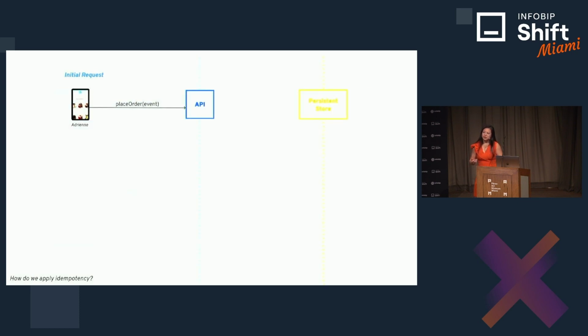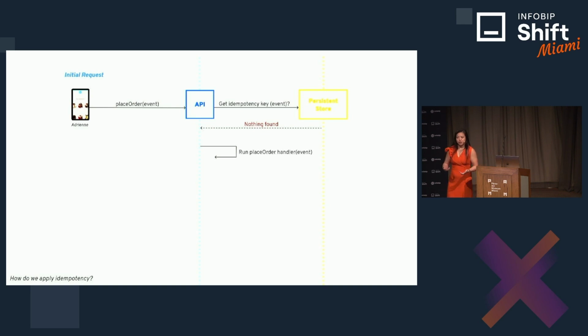The next thing that we're going to see as a change is a little bit of change in the idempotency layer, which in this case would be the API. So what happens now is it's going to send that request with the key. It's going to say, hey, have you seen this particular thing before? And if it has not seen this thing before, then it's going to go, oh, I'm pretty confident that this is a request we have not seen before. So then it's going to go through and actually run the rest of the request.